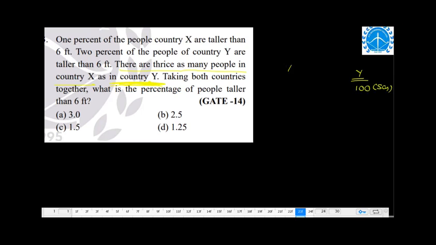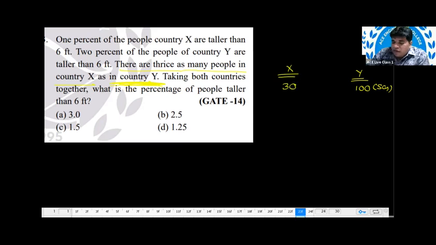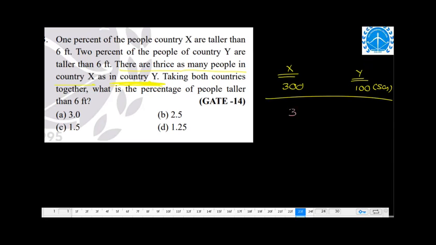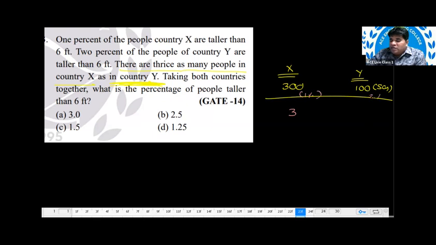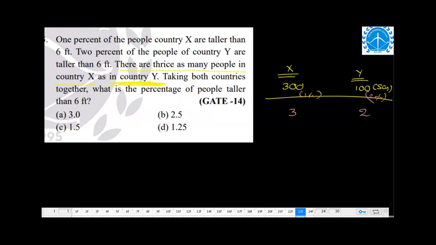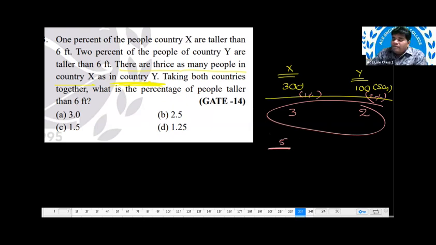Then X is how many people? 300, the answer is done. Then 1% of the people in country X taller than 6 feet, so 1% of 300 means what is the value? 3, sorry. In Y how much percentage? 2%, here 1%, here 2%. 2% means how many people? 2. So overall how many people? 5 people.